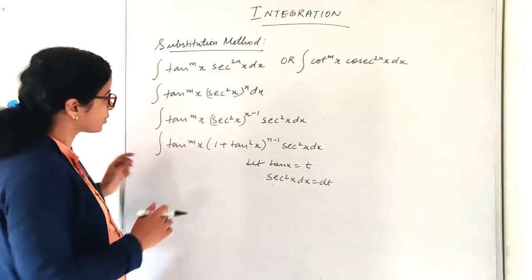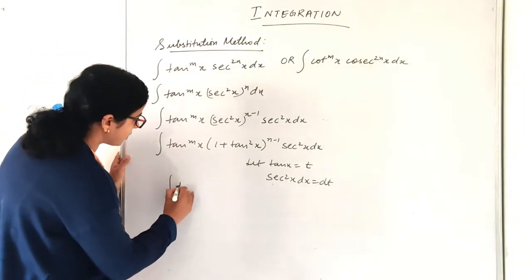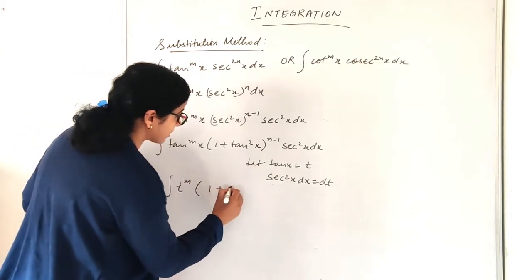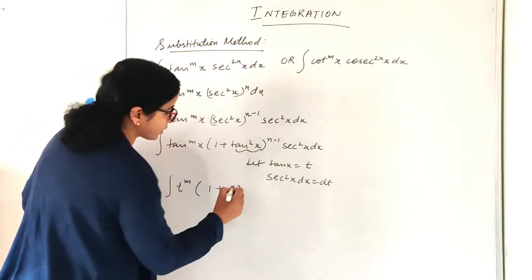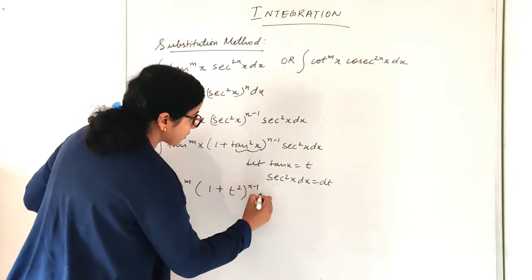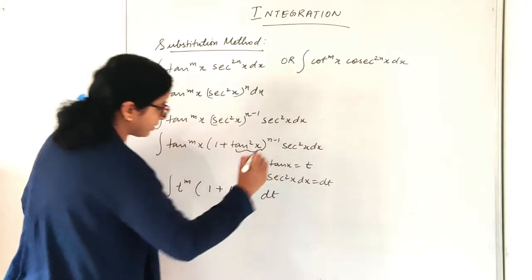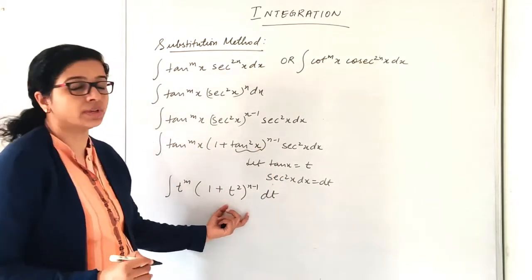Now we can substitute the values here. It becomes t^n times (1 + t^2), where tan^2 x is t^2, so t^(n-1) dt, right? And we can solve this integration.